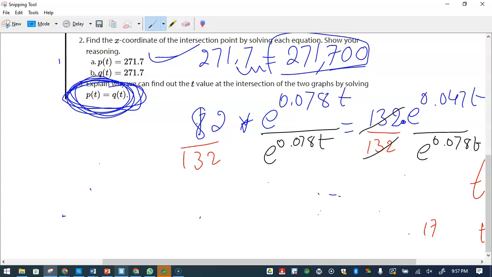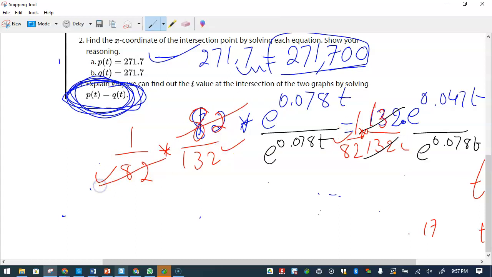So that way this 132 crosses out. And I also forgot to, so actually what you are doing is you are dividing by 82 also. There's an 82 up here, so you also divide 1 over 82 this side, and the other side is going to be 1 over 82. So two things you're doing. Because there is 82 here and 132 on the other side, so both sides you are doing dividing by 82, 132, 82, 132.